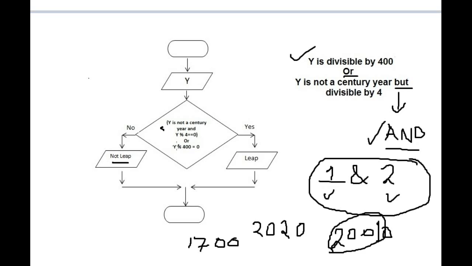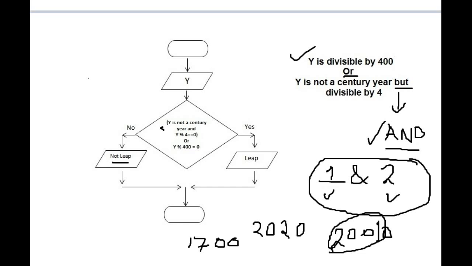No, because if this is no, "and" with anything will ultimately result in no only. So there is no point checking it also. So I will go and check whether this is possible or not. Is 1700 divisible by 400? No, it is not divisible. So in that case, this is also no, the next part is also no.